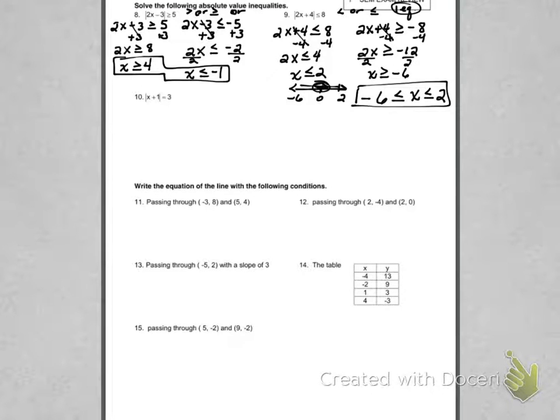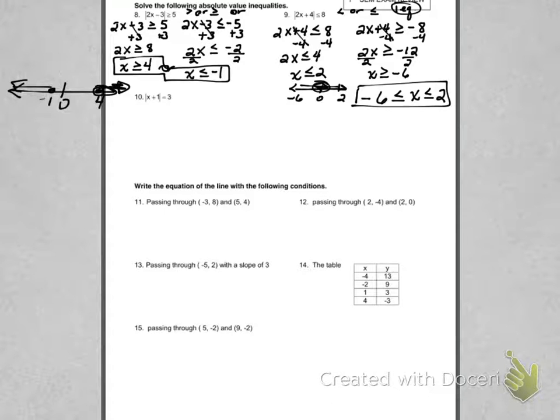Okay, and you can go back and verify this one. If you're not sure, draw your number line here. 0, you've got negative 1 on this side, 4 over here. x is greater than or equal to 4, so that's a closed circle going to the right. Less than or equal to negative 1, closed circle going to the left. They're separate, so you need two equations.